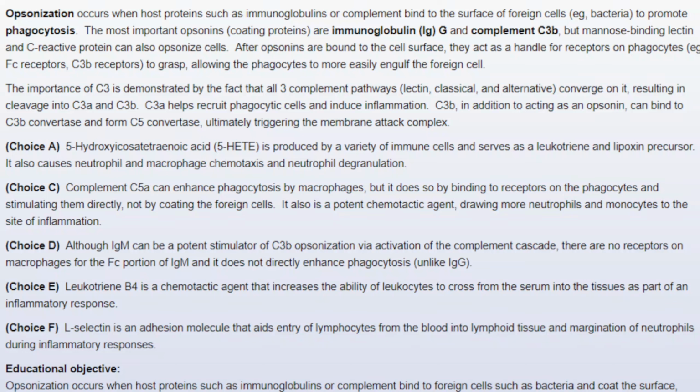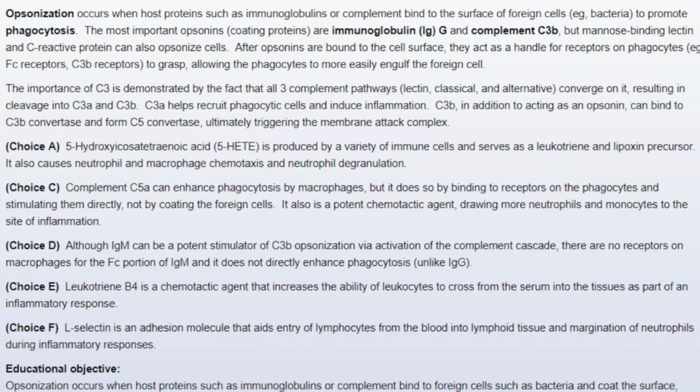So we have to keep in mind option D here, that generally C3b usually binds to immunoglobulin G. Remember, M and G are like General Motors, they are the classic pathway. But don't get confused, C3b most likely binds to immunoglobulin G, because here they have immunoglobulin M as an option.